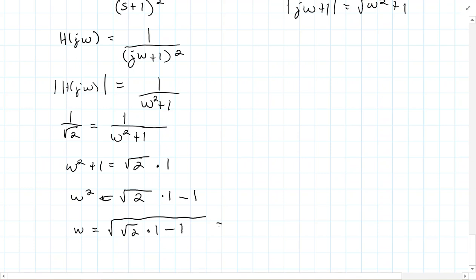And if I did this correctly, we get 0.64, if you round it would be 0.644. But remember, this is in kilorads per second.